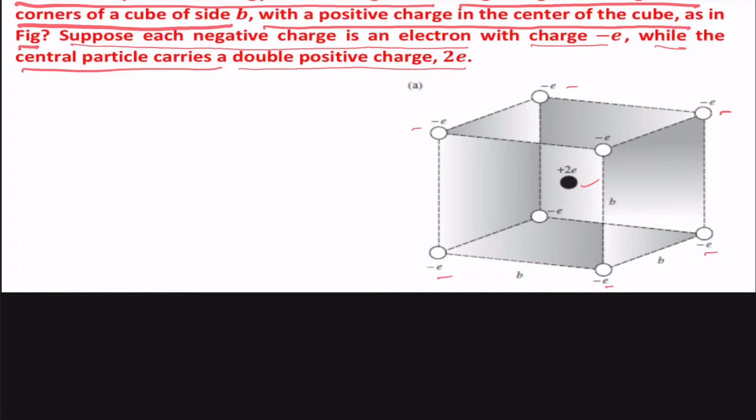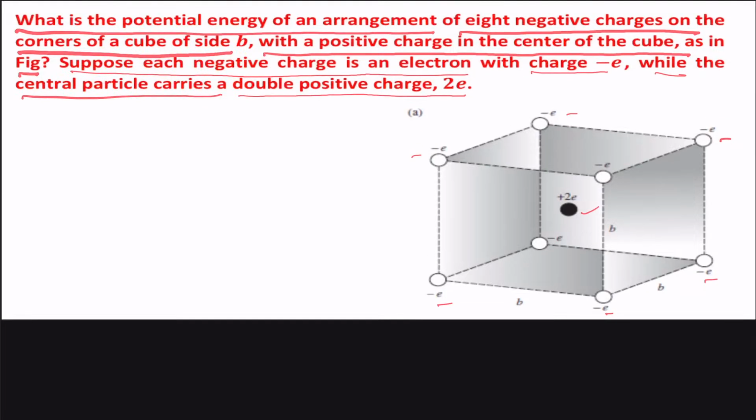For that, first let's identify the distances. We know that this cube has 12 edges, so we are going to have 12 such pairs.